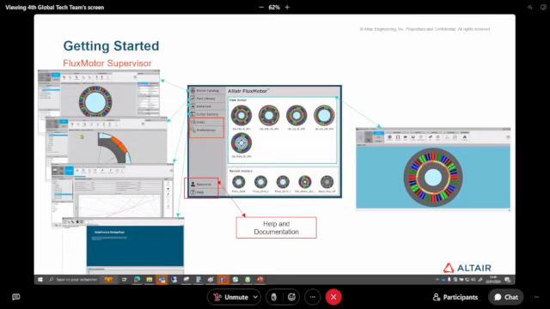Part library, where you have several parts for magnets, for synchronous machine or synchronous reluctance machine. You have the material library. You have a few materials available directly in Flux Motor, but you can create your own.